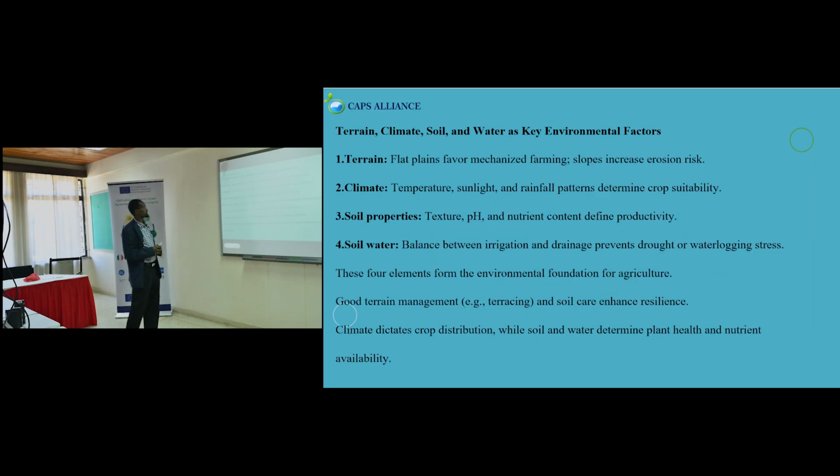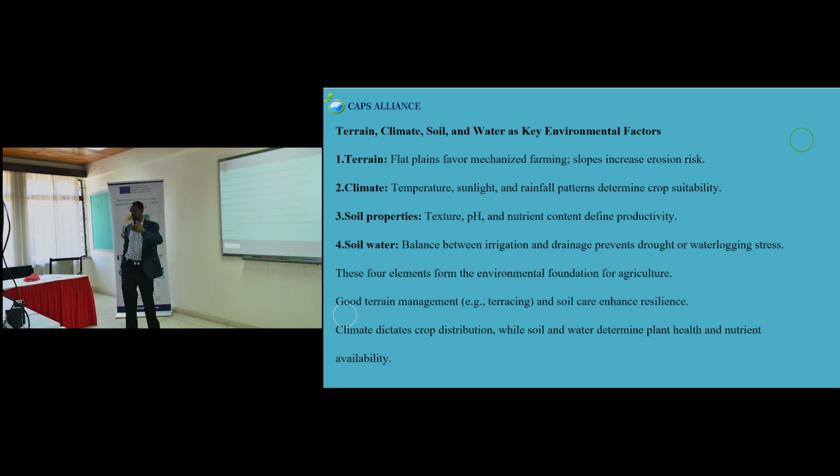Now, the rain, climate, soils, and so forth we talked about yesterday. Some of the presenters talked about the slopes and also flat lands. How do you manage the land when it is flat and so forth? Now, climate, temperatures, we have discussed that. Soil properties: the soil texture, the soil pH is very critical.